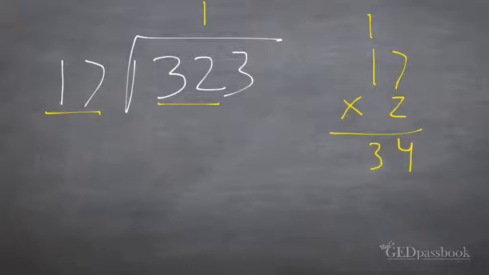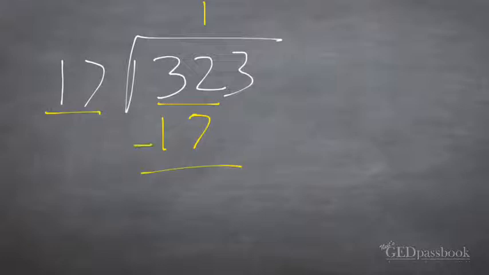That went over, so we can't use 2. 17 only fits into 32 one time. When you minus that, what's 32 minus 17? 15. Bring down the next number, 3.